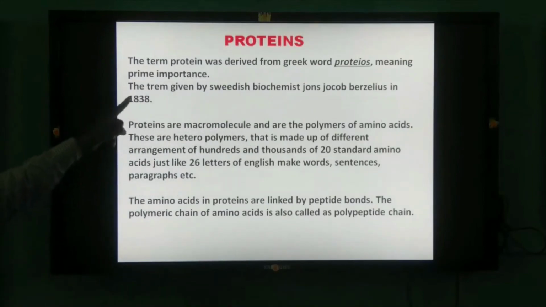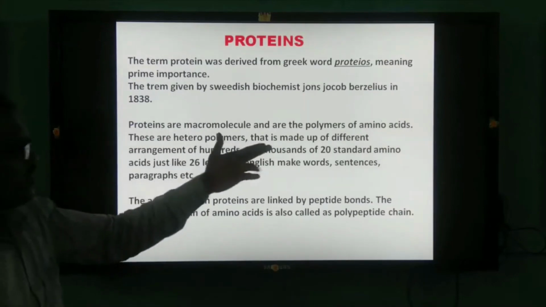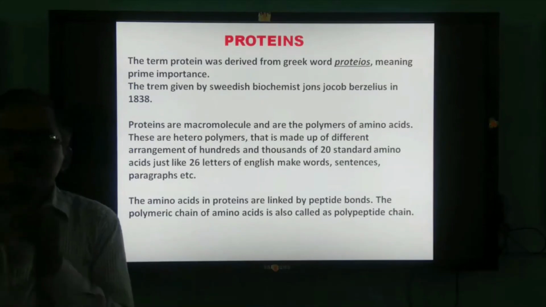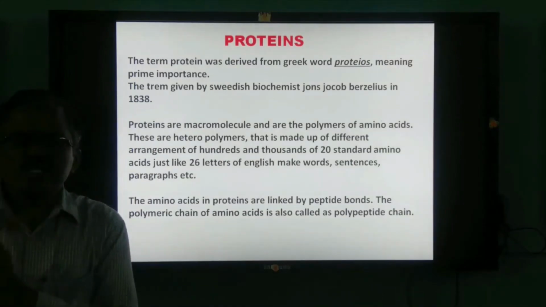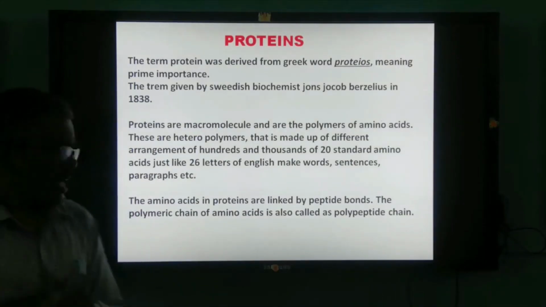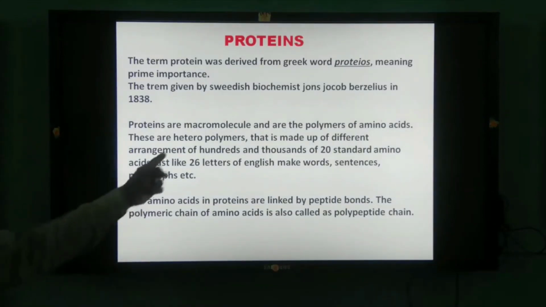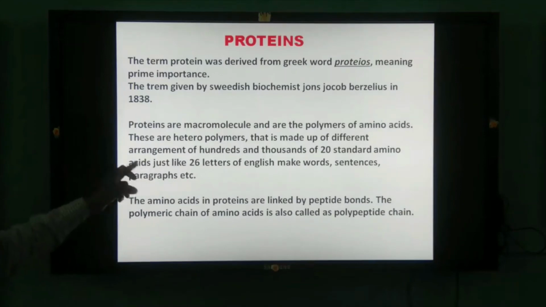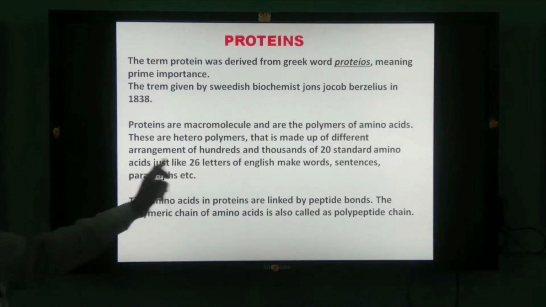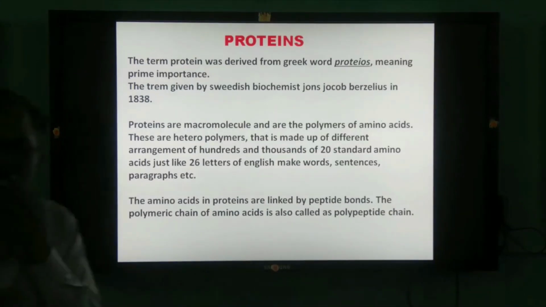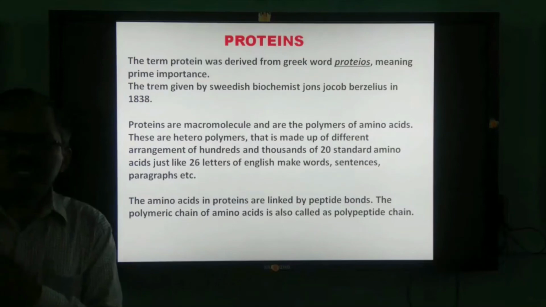Proteins are macromolecules and polymers of amino acids. So how do you define a protein? It is a polymer of amino acids or polyamino acids. Proteins are nothing but polyamino acids. They are heteropolymers made up of different arrangements of hundreds and thousands of the 20 standard amino acids, just like how 26 alphabets make a very large number of words.